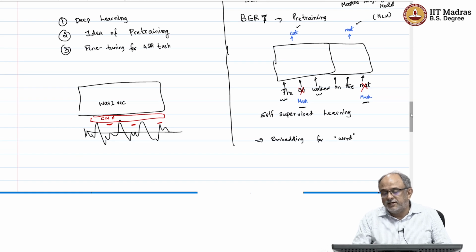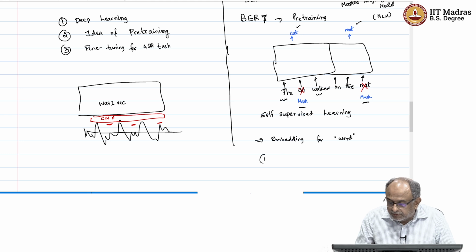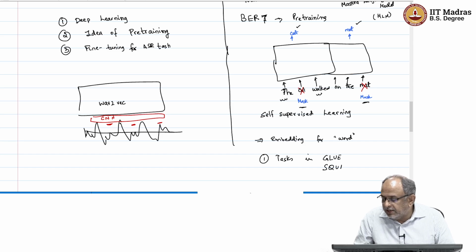If you remember, BERT is again a representation learning, such that if I train it very well, then the representation that I get is very good, so that when I apply these embeddings for a downstream task, like some of the tasks in GLUE or SQuAD, which are NLP tasks such as question answering, the performance using the BERT embeddings is remarkable.